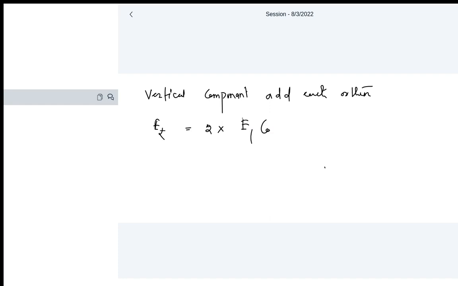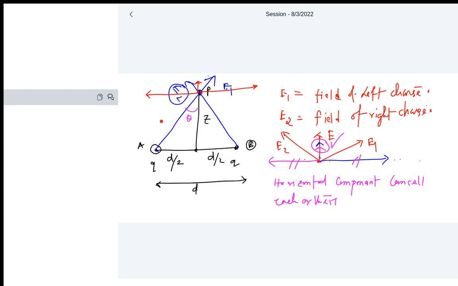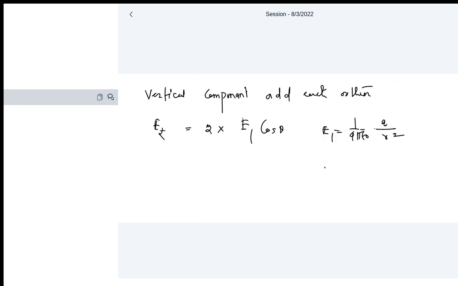So E1 cos theta, where E1 is basically 1 upon 4 pi epsilon naught Q upon R square. So R is basically this distance. This is the R. So substitute here: 2 into 1 upon 4 pi epsilon naught Q upon R square cos theta.